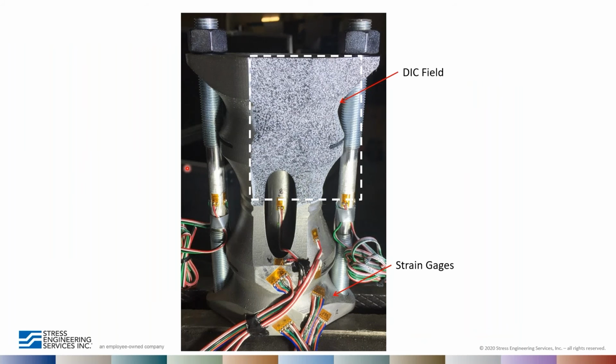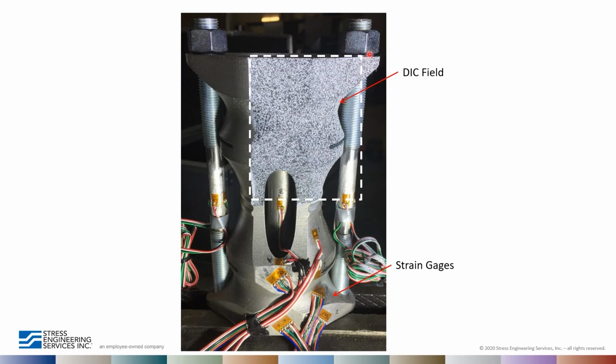The test that we did: on the top half, this part was symmetrical, we applied our stochastic pattern of black and white speckles in order to get some DIC measurements. And on the bottom half, we applied what would be a typical strain gauge empirical test setup, where we pick out different locations to apply strain gauges in order to get strain measurements.